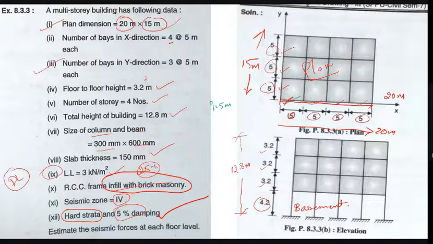Therefore 1, 2, 3, 4, 5, 6, 7, 8, 9, 10, 11, 12, 13, 14, 15, 16, 17, 18, 19, 20, 21, 22, 23, 24, 25, 26, 27, 28, 29, 30, and 31. In total, 31 beams are there.